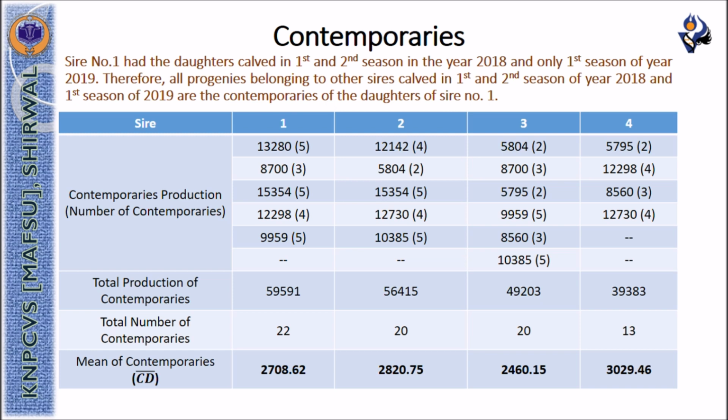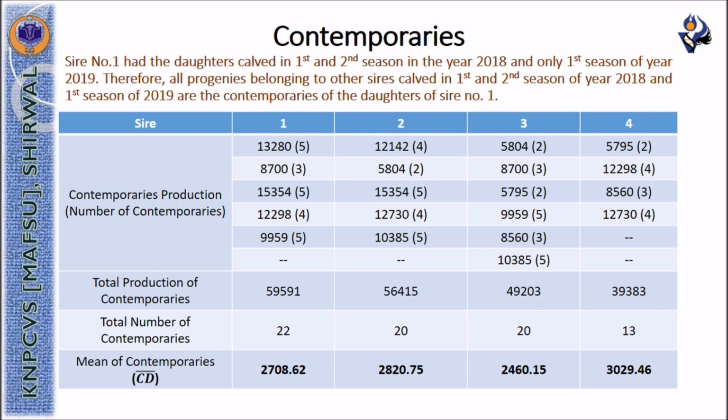The performance of contemporaries is calculated as shown here. The sire number 1 had the daughters calved in first and second season in the year 2018 and only in the first season of the year 2019. Therefore, all the progenies belonging to the other sires calved in first and second season of year 2018 and only first season of 2019 are the contemporaries of daughters of sire number 1.